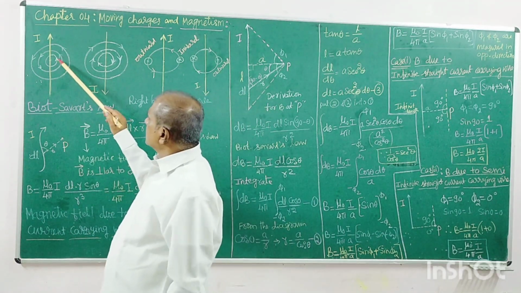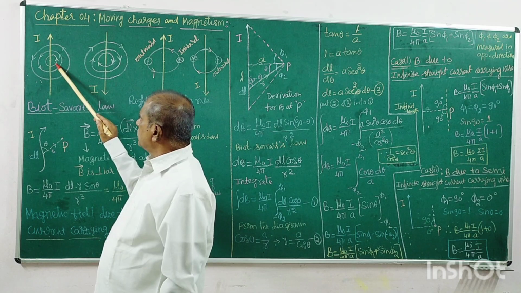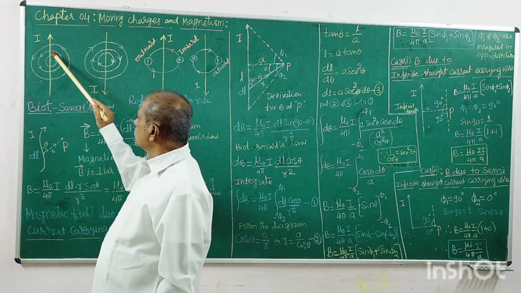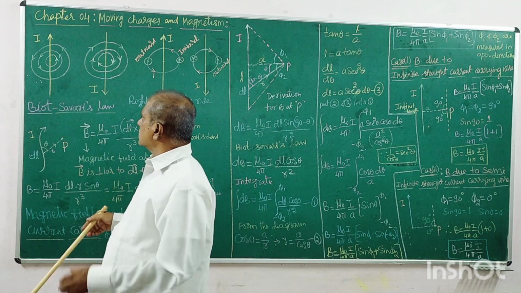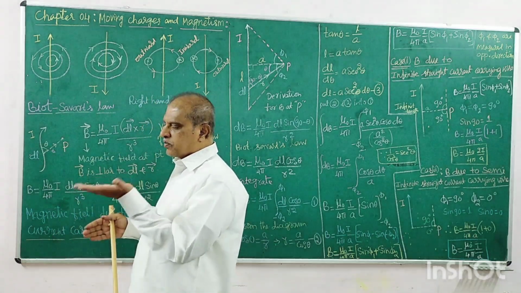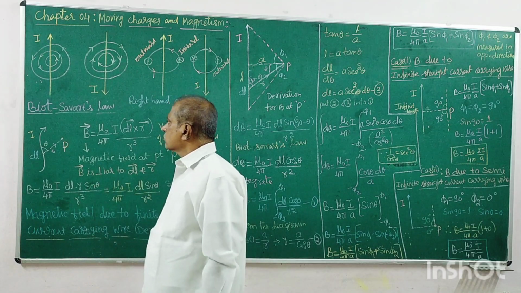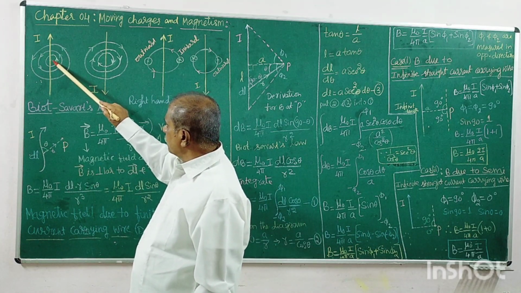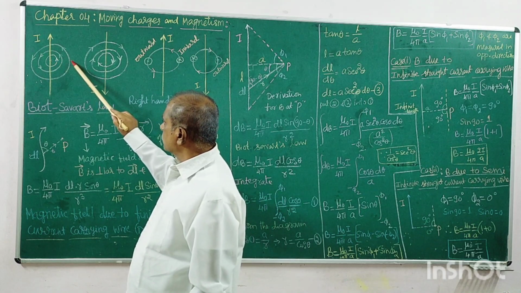These concentric circles mean magnetic lines of force. The circle closer to this line is closer to this point. This line is passing through the center, and these concentric circles are perpendicular to this straight line, showing that the magnetic field decreases as you move away from it.